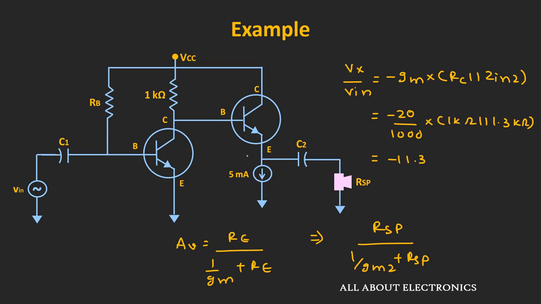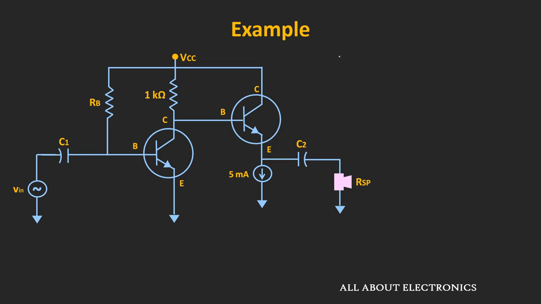That means between the emitter and the ground, the resistance which is connected is the load only. So for the given emitter follower, this is the expression of the voltage gain. Or in other words, it is equal to Vout divided by Vx. That means Vout divided by Vx is equal to 8 ohm divided by 1 divided by Gm2 plus 8 ohm.